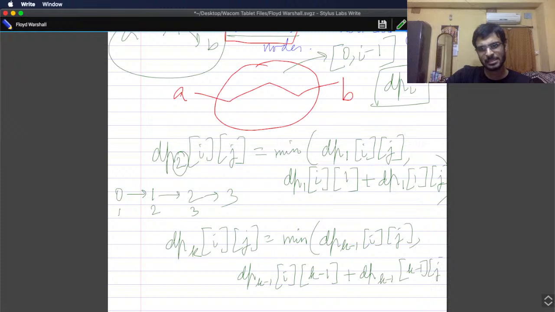It looks something like this, and thus by induction we can always find it out for all k, from k minus 1.